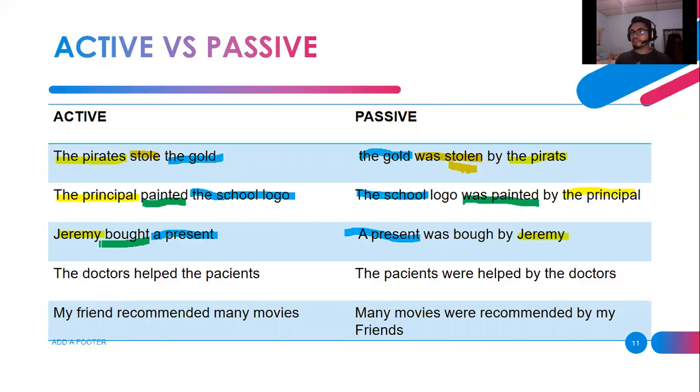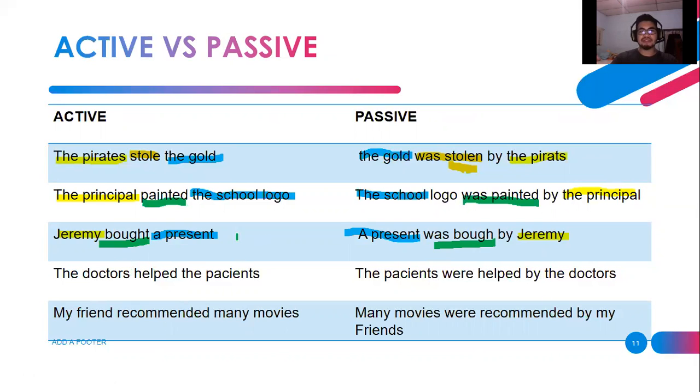Buy, like for example, I buy some cookies, I buy a hamburger. Now the past form is bought. And then you say a present was bought by Jeremy. And the same happens with the last two sentences. You have the doctors helped patients. The patients were helped by the doctors. My friend recommended many movies, or many movies were recommended by my friend.